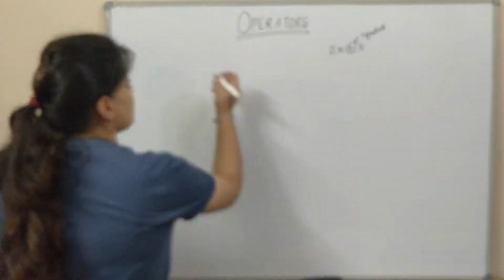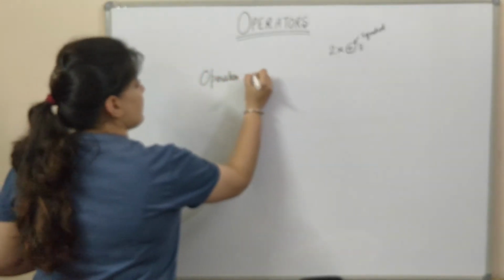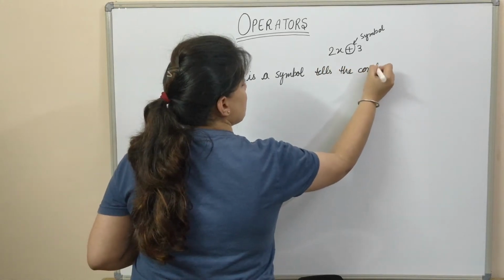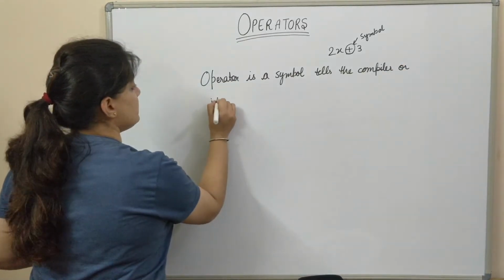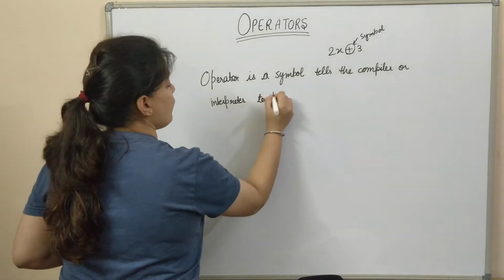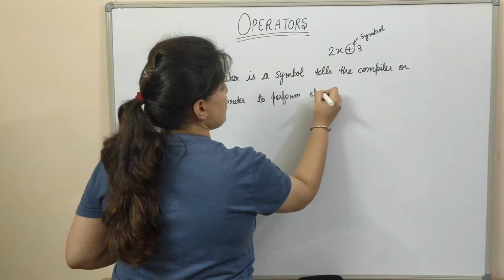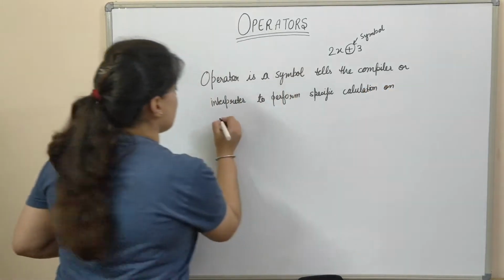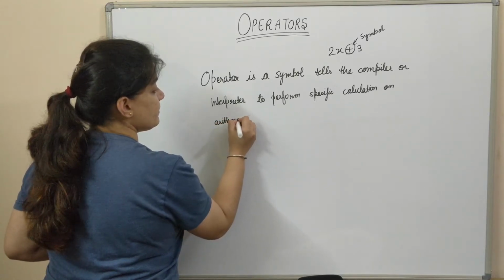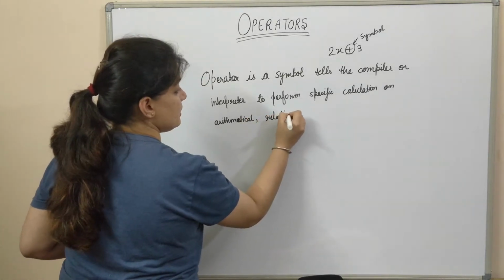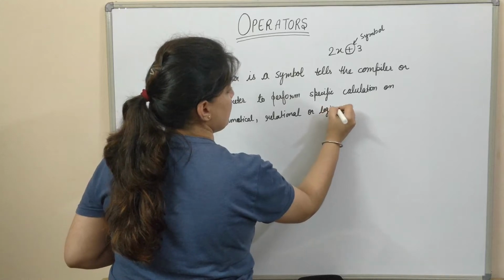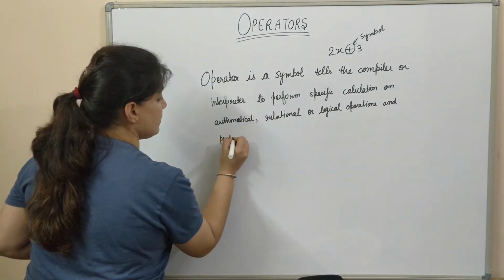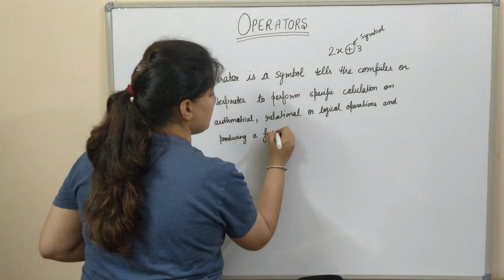So what is the definition of operator? An operator is a symbol that tells the compiler or interpreter to perform specific calculations on arithmetical, relational or logical operations and produce a final result.